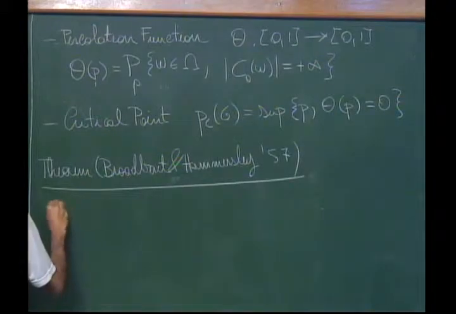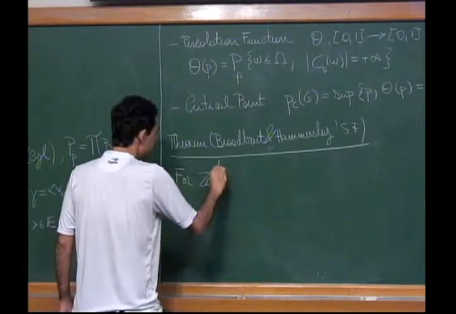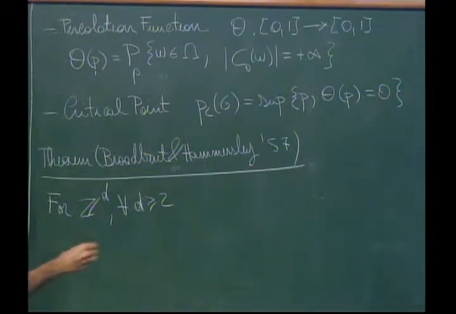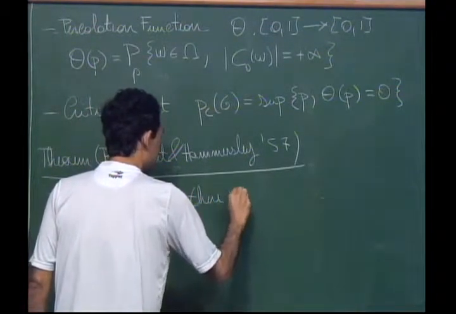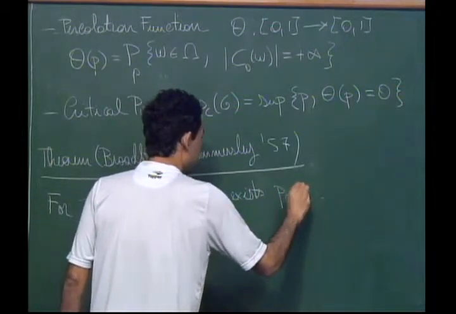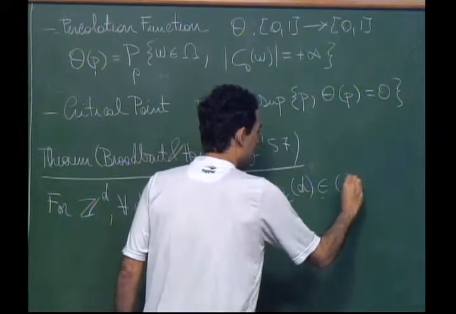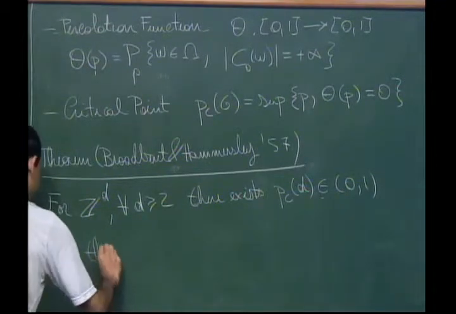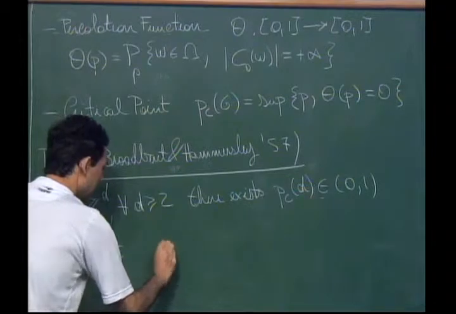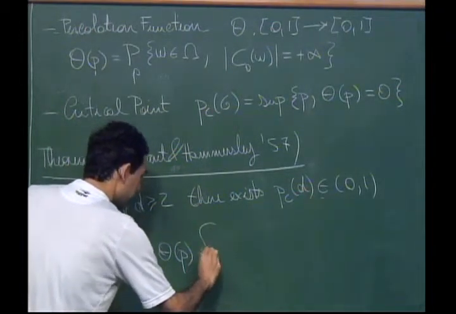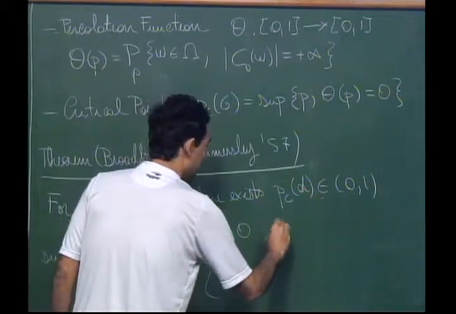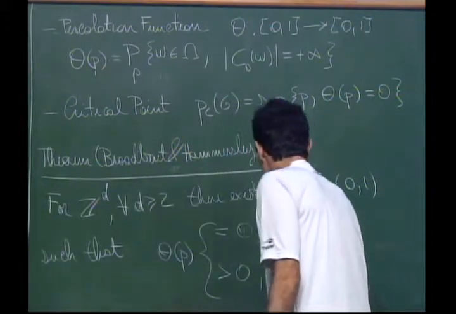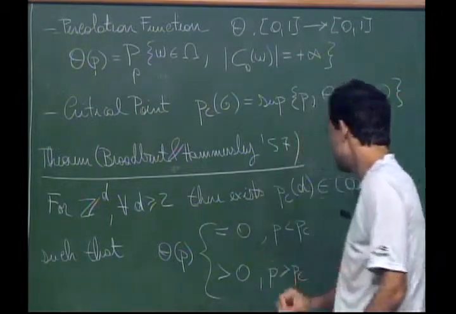If I consider the graph Z^d for any d at least 2, there exists p_c(d) in the interval 0, 1 such that this function theta(p) is 0 for p less than p_c and is strictly positive for p bigger than p_c.